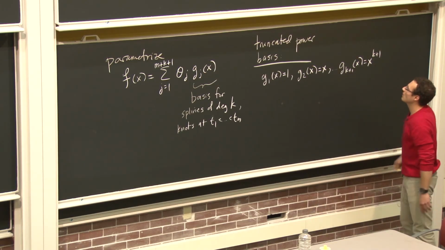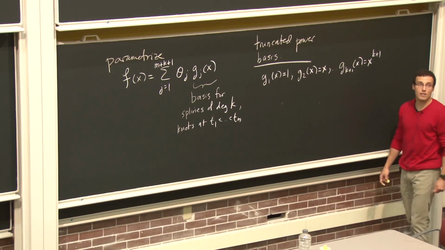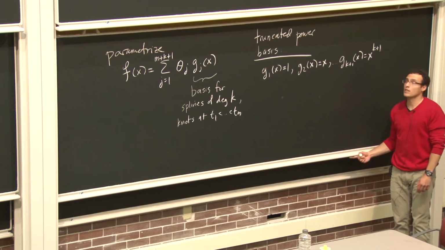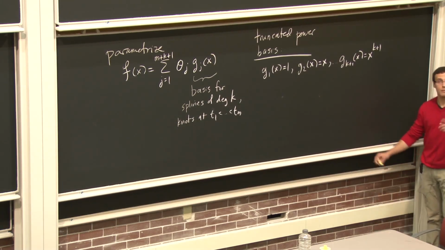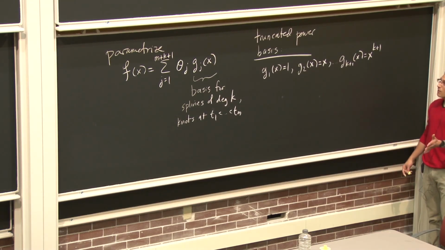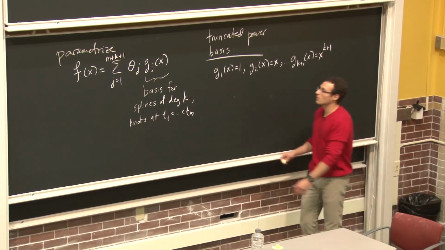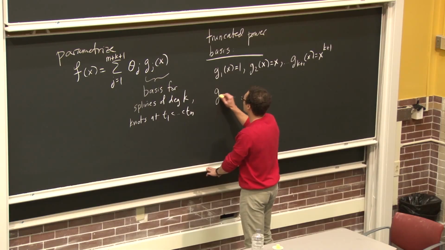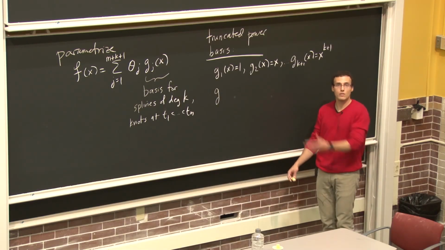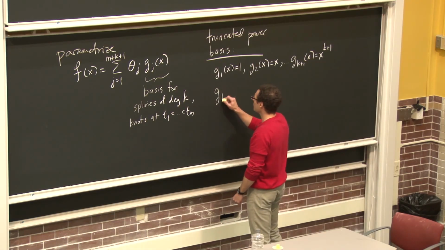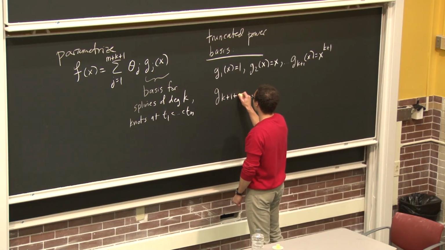So if I just included these functions, then I'm saying I'm going to model f as a polynomial function of x. So it'd be like doing polynomial regression rather than linear regression, right, in one dimension. But we're going to go beyond that. We're going to include not only these functions in our basis, we're also going to include what you might call the knot-producing functions. So these ones aren't piecewise polynomials, they're just polynomials, right? We're actually going to go beyond that and include these functions.